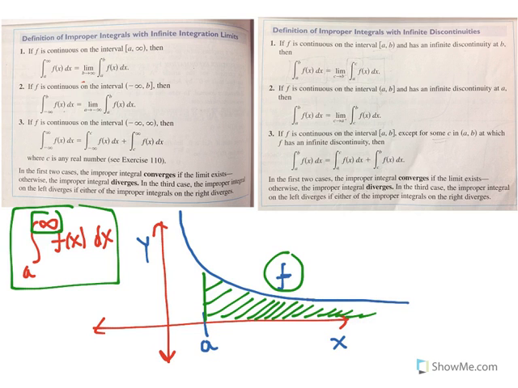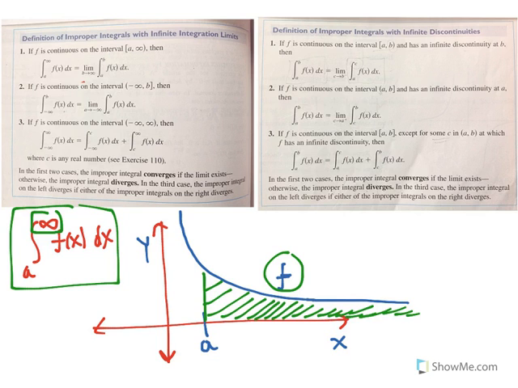And the question is, what is the area of this seemingly infinite region? Does it actually have a finite area, or does it have an infinite area? So you can think in those terms.